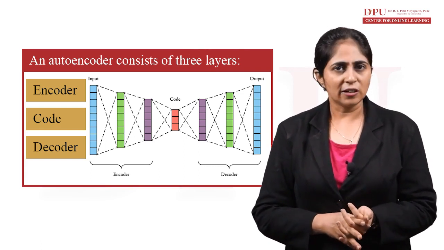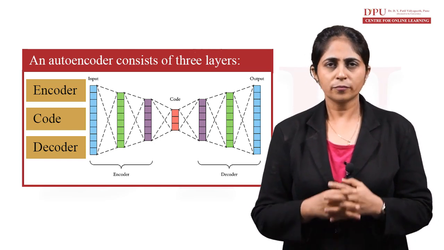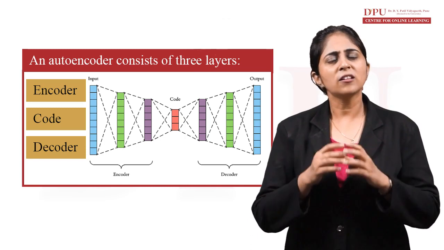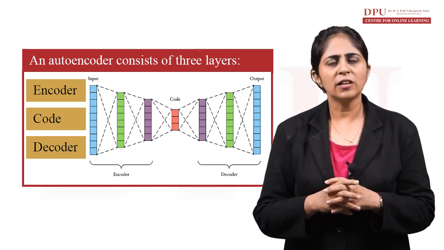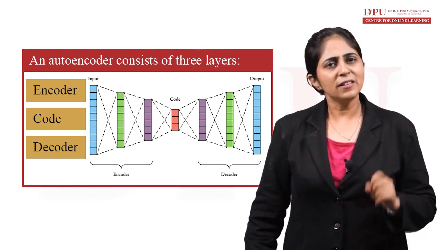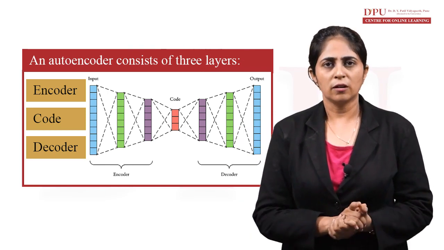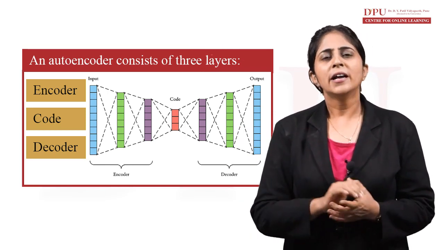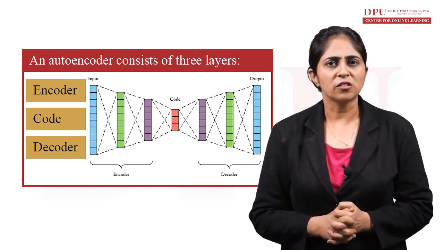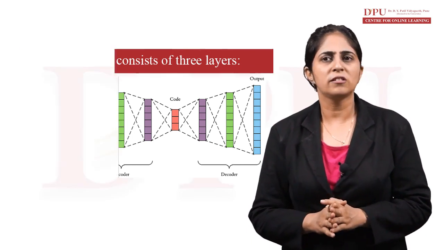It consists of three layers: encoder, code and decoder. The encoder encodes the input image as a compressed representation into the reduced dimension. The code part represents the compressed input which will be fed to the decoder. The decoder layer decodes the encoded image back to the original dimension. The decoded image is a lossy reconstruction of the original image.